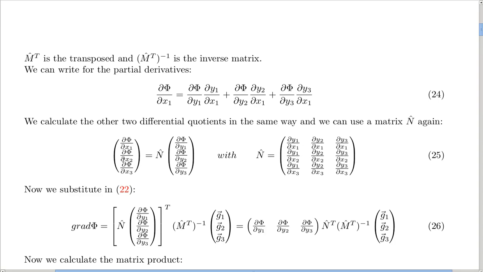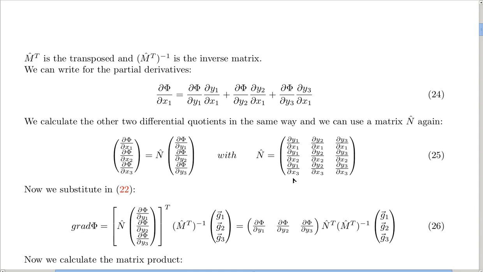Here we have as a vector on the left hand side the differential quotients with respect to the x coordinates, and then we write a transformation matrix, and here we have the vector with the differential quotients with respect to the y coordinates.